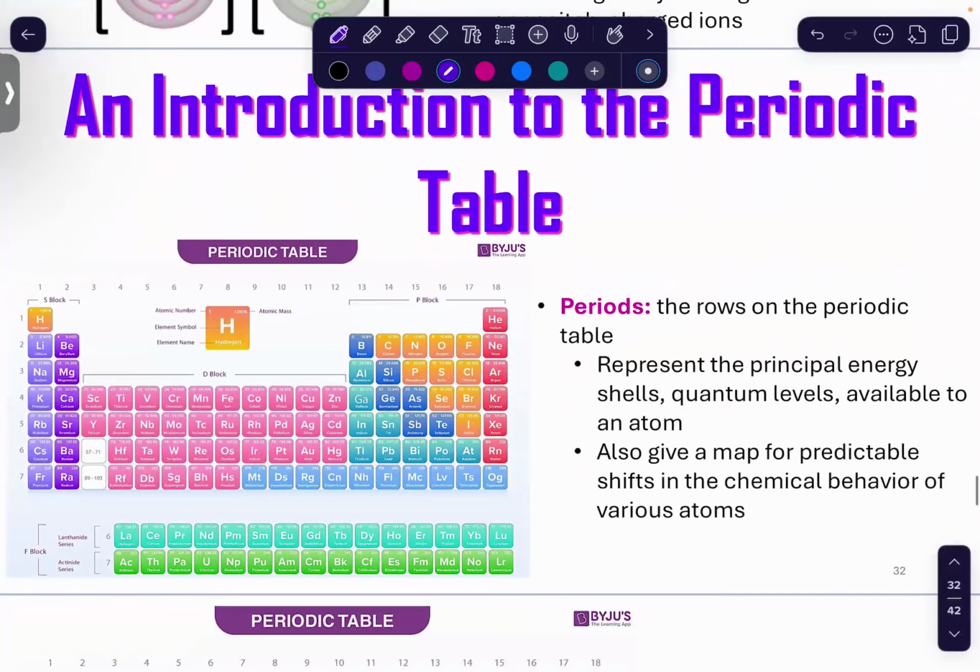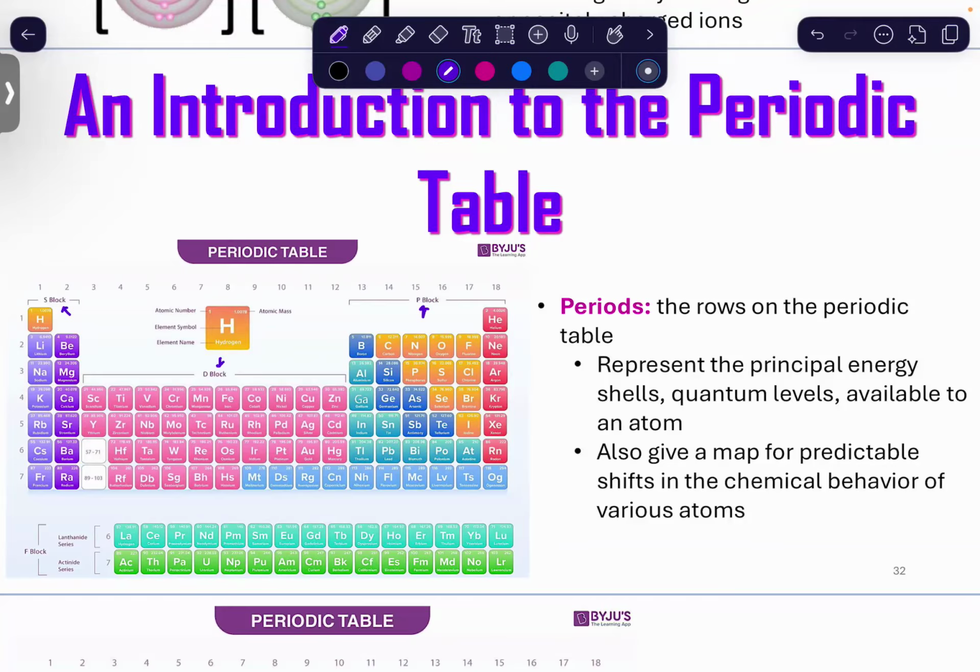So let's start thinking about the periodic table. We need to know how to look at this and how to take it apart. The periods are the individual rows. The rows represent the principal energy shells, the quantum levels that are available to an atom. We're going to get into this more deeply as we go along. You see here you have your S block, D block, P block.